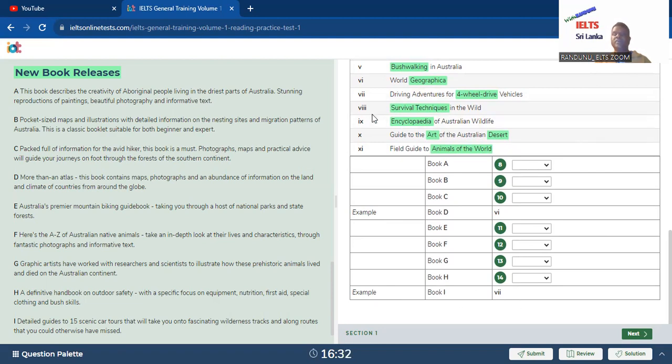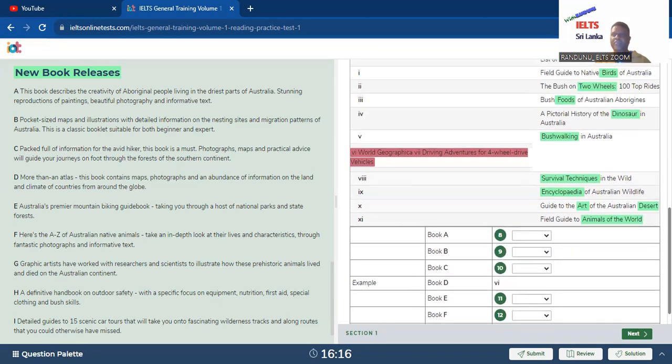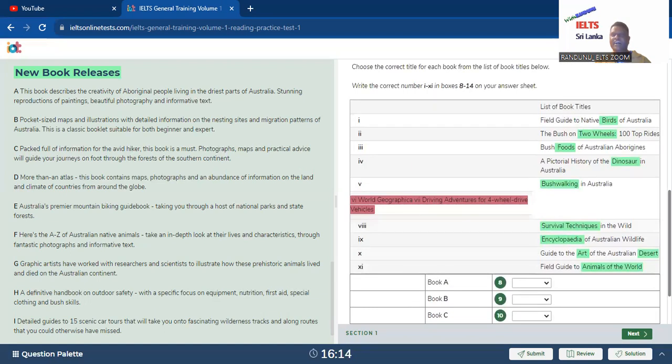So 6 and 7 are not required because they have already done those 2, right? So these 2, I will make it red. Oh my God. Some bad thing happened when I clicked that one.